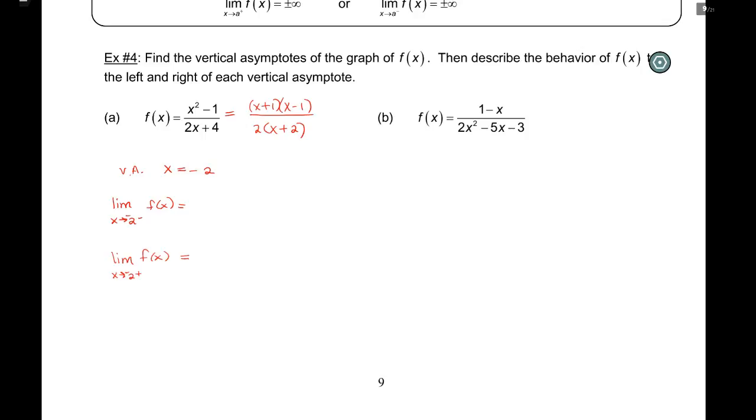Since we already know these are vertical asymptotes, they're going to be both positive infinity, both negative infinity, or one of each. Sometimes both go to positive infinity, like 1 over x squared at 0.